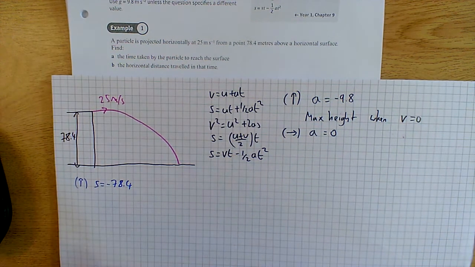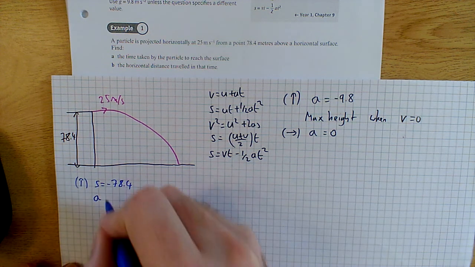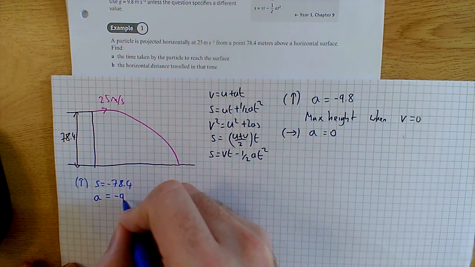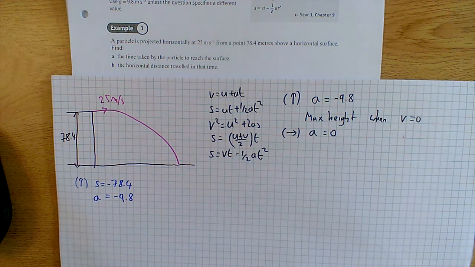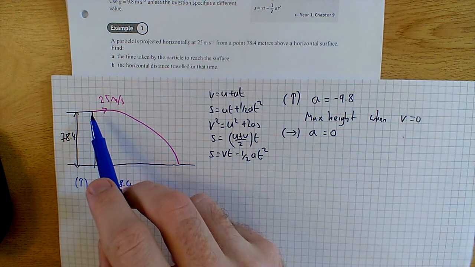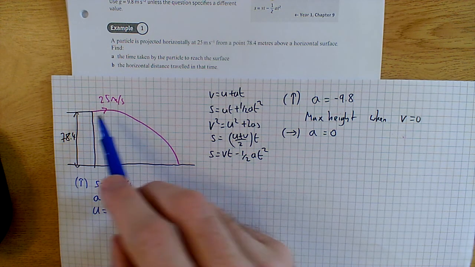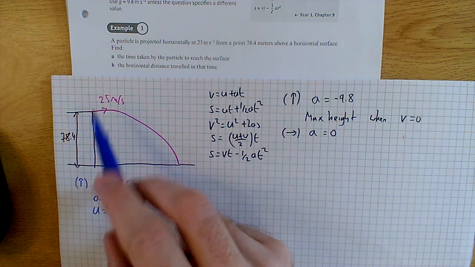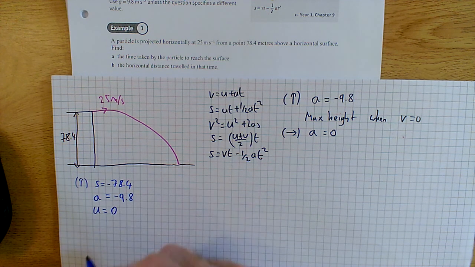Again, the acceleration will be equal to minus 9.8, always in the vertical direction. The initial velocity, because this one's been thrown with just a horizontal velocity, has no vertical component at the start. So U is going to be 0 there.